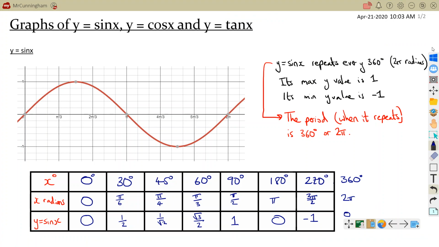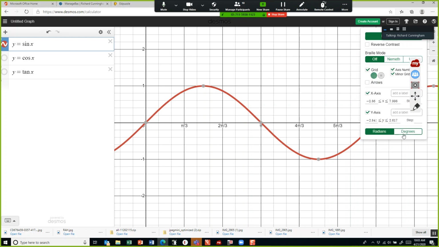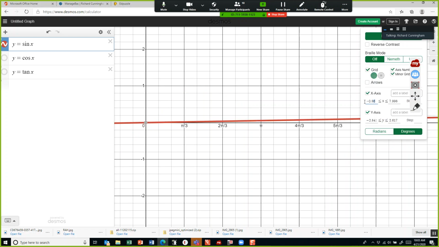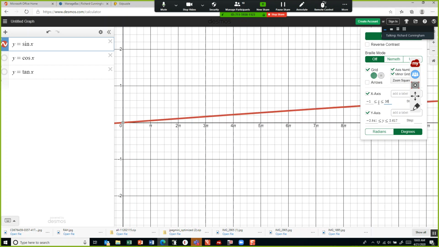Now just to go back to, I'm going to put this one up again, but I'm going to show it in terms of degrees. I know that you're not used to using radians, but it is something that we have to get used to.